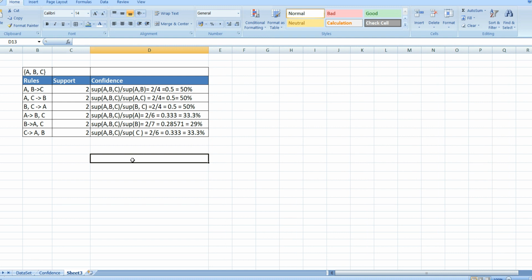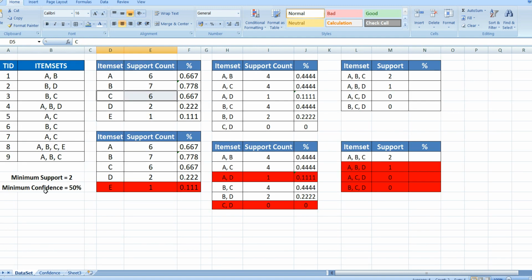After we have calculated these values, we then want to consider only those that meet the minimum required confidence, and the minimum required confidence is equal to 50%, coming from our first given data set.